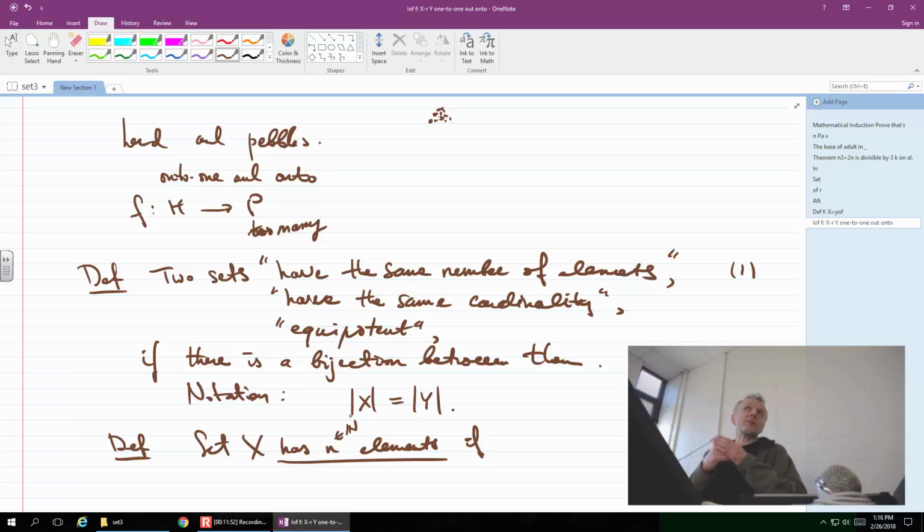And that works out if you do set theory. Okay, so smart shepherd. So how do you come up with the idea of numbers then? That's how you have kind of sample sets.